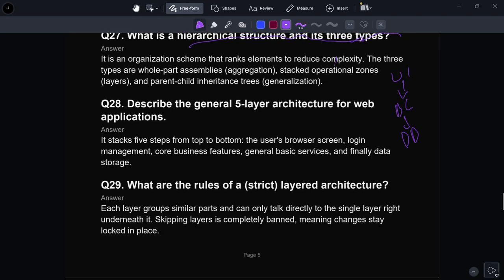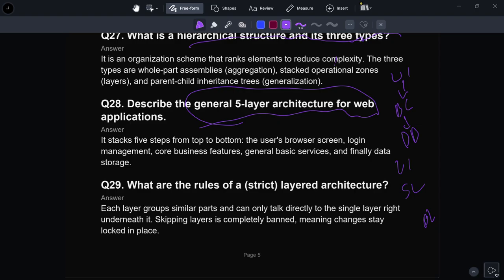Then we need to describe the general five-layer architecture for web applications. The top layer is the UI layer, the HTML and CSS, managing the user interface. Then we have the security layer, the second layer, which makes sure that everything is secure. Then we have the business layer.